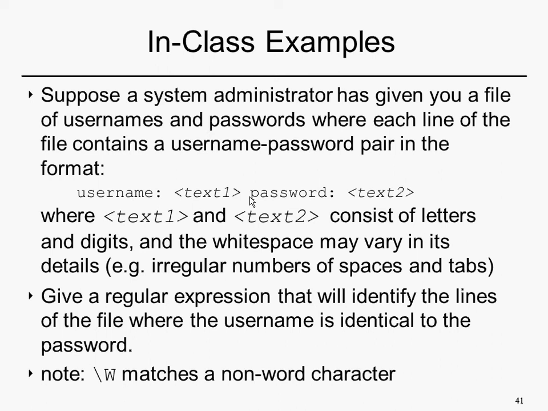Well, let me tell you this. \W matches a non-word character, in other words, a character that's not a word character. And for many regular expressions, \s will in fact denote white space.